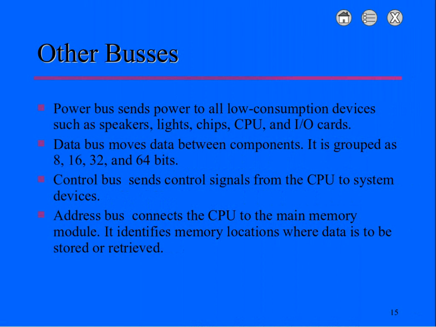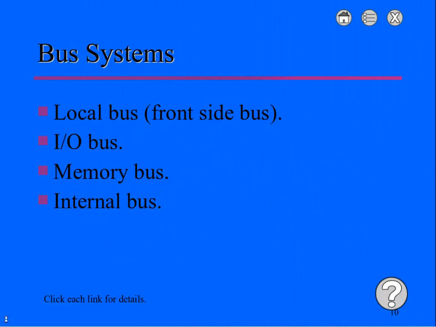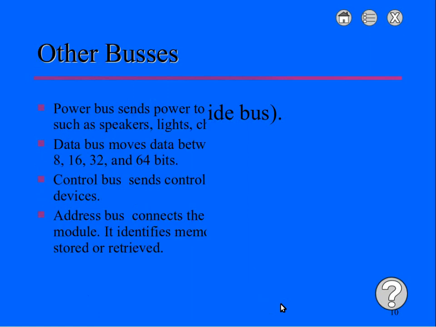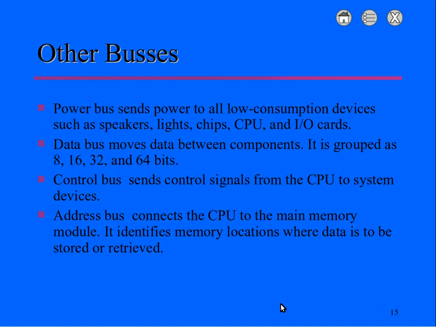In the last part of this presentation, we were discussing the various buses on the computer, and we discussed how there are a number of different buses called the local I/O bus, memory bus, and internal bus, and we were talking about portions of those buses. Each of those buses can have both a data and address bus associated with them.